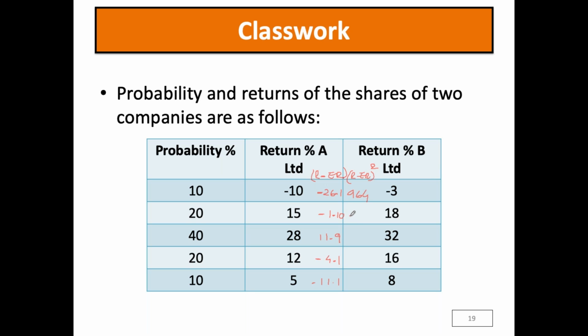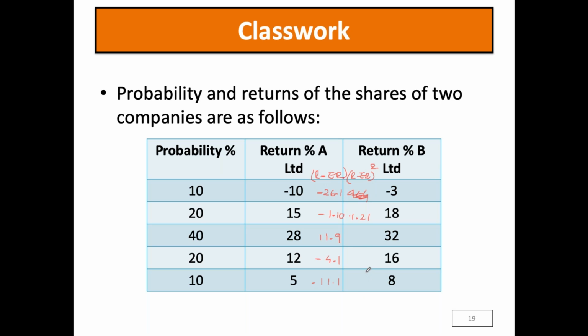Then 1.1, that is 1.21. Then 11.9 squared is 141 point. Okay, 964 is the total answer, so I'll just correct it.